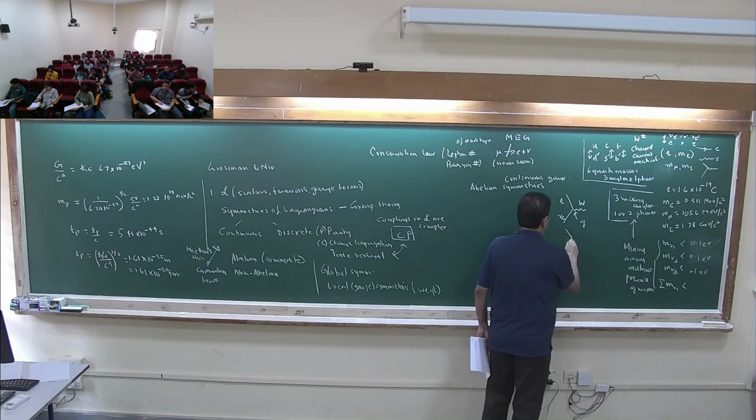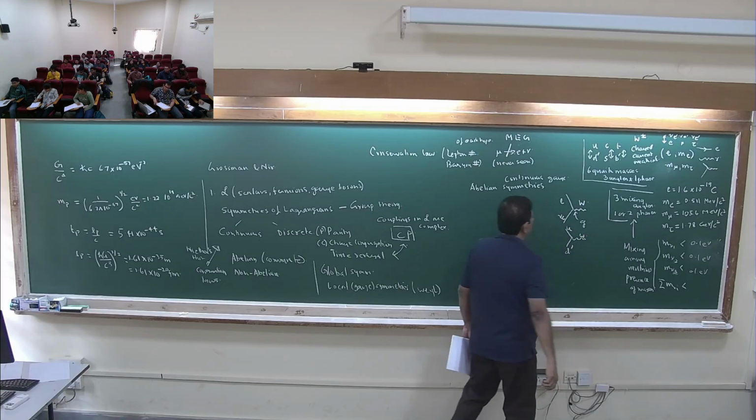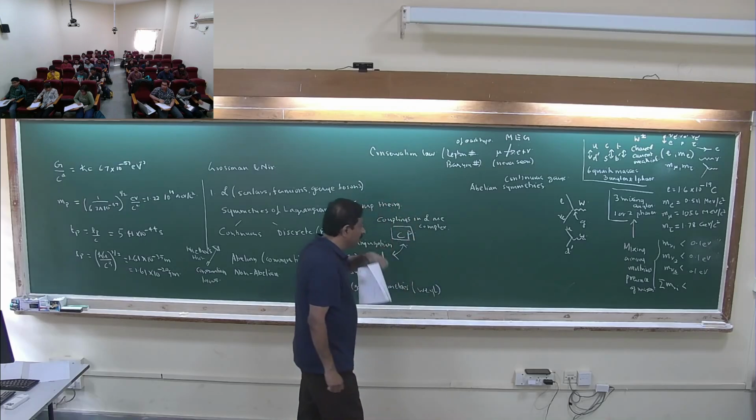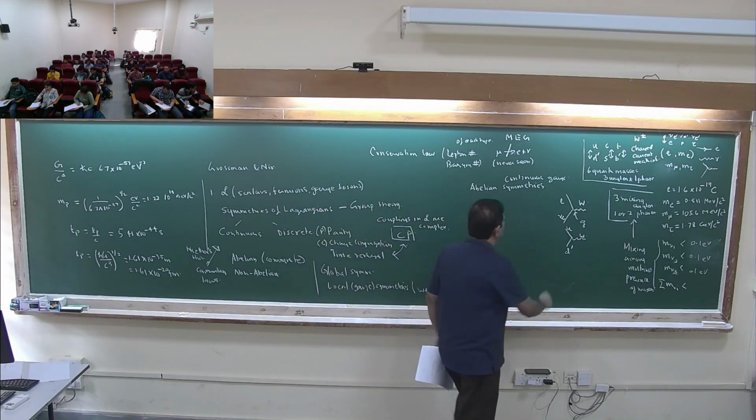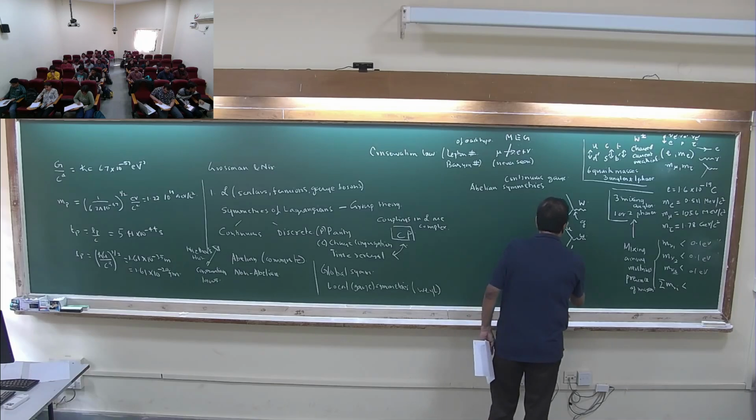Of course, you can also have a coupling interaction between a u and a d, because W is also involved. So these are the vertices of the charged current weak interaction.